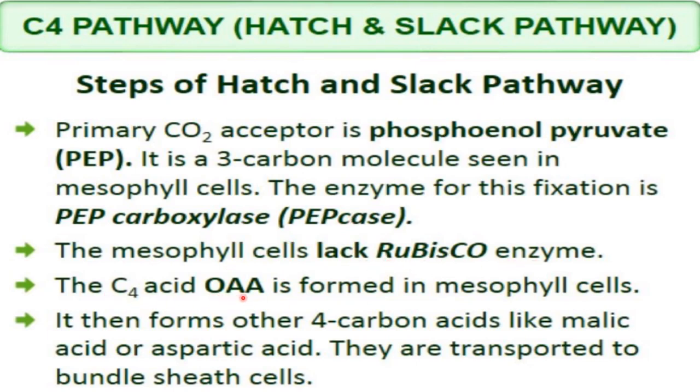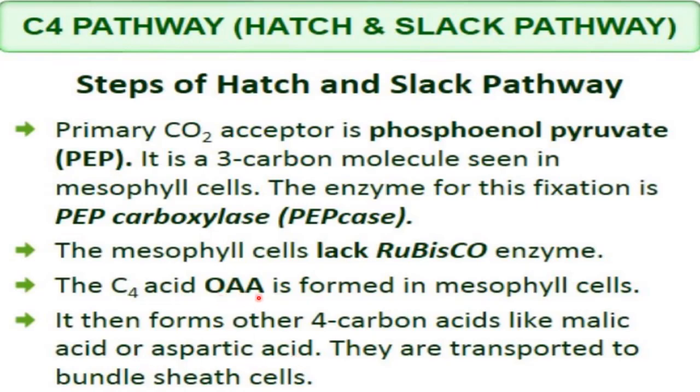The C4 acid, oxaloacetic acid (OAA), is formed in mesophyll cells, and this oxaloacetic acid has 4 carbons. That's why it is a C4 acid. It then forms other 4 carbon acids like malic acid or aspartic acid.